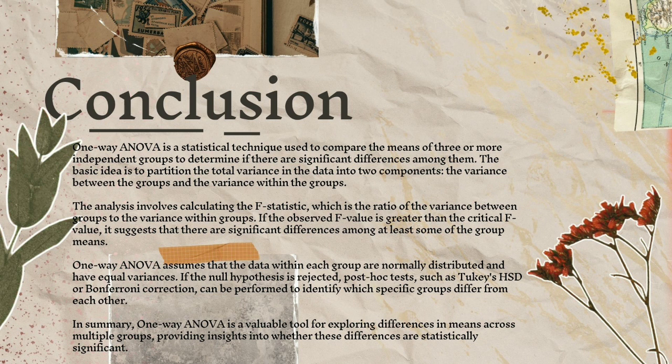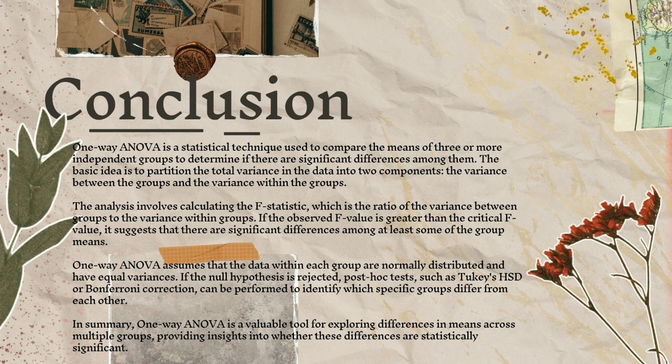The analysis involves calculating the F statistic, which is the ratio of the variance between groups to the variance within groups. If the observed F value is greater than the critical F value, it suggests that there are significant differences among at least some of the groups' means.